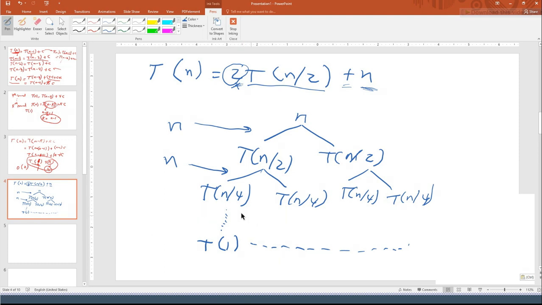So n divided by 8, then 16, then 32, and so on. So we will come up with different levels. Here the first level needs a work of n, and this level n, and this level n, and you continue until the end. This one also requires n.